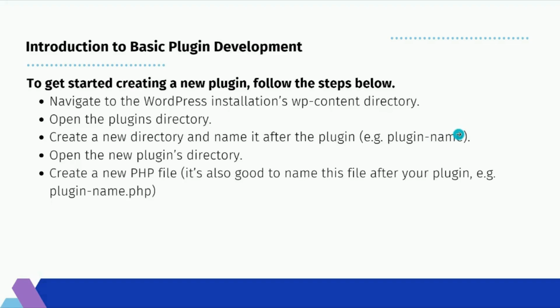Plugin-name is called the plugin directory. Create a new PHP file. It's also good to name this file after your plugin, for example plugin-name.php. So we need this same name on the plugin directory. I will demo this later.